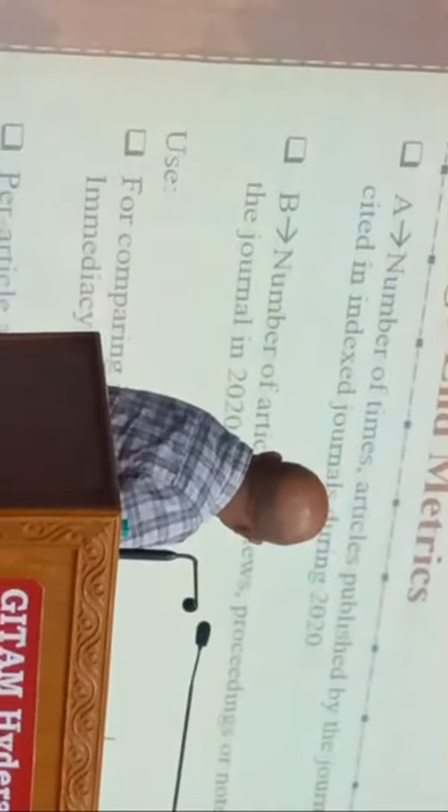For comparing journals specializing in cutting edge research, the immediacy index can provide a useful perspective. In mathematics, as I mentioned earlier, we are not going to receive any citations immediately. In medicine, it's okay. In the same year, in the same week, they can expect citations from others. In mathematics, if you publish a paper this year, next year there might be some citations.